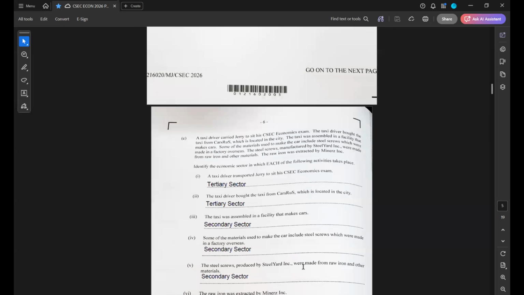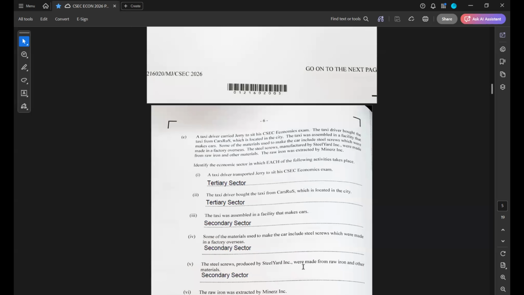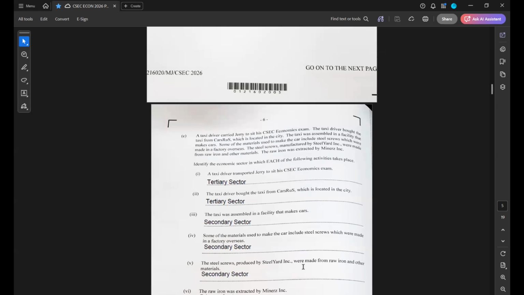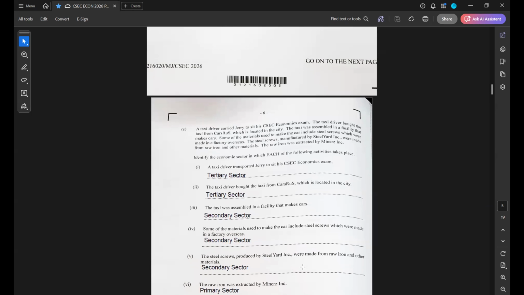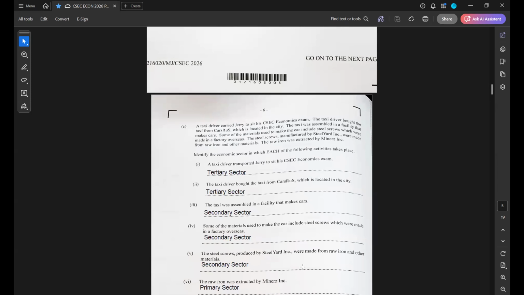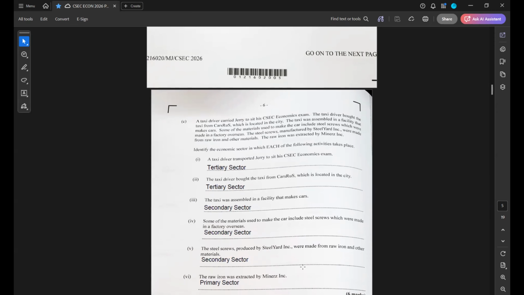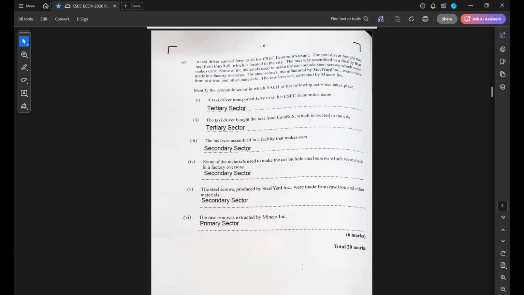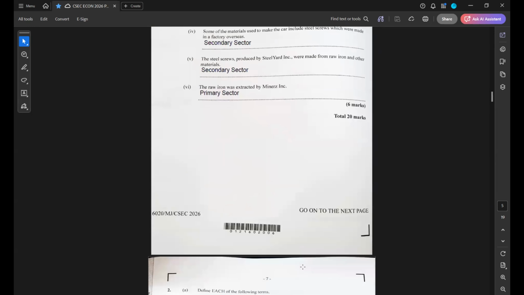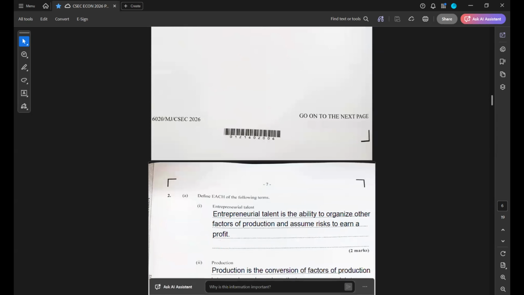That's a secondary sector. The steel screws produced by Steel Yard Incorporated were made from raw iron and other materials, a secondary sector. The raw iron was extracted by Miners Incorporated, a primary sector. And for all that, you're going to get your 6 marks. Very, very easy, guys.